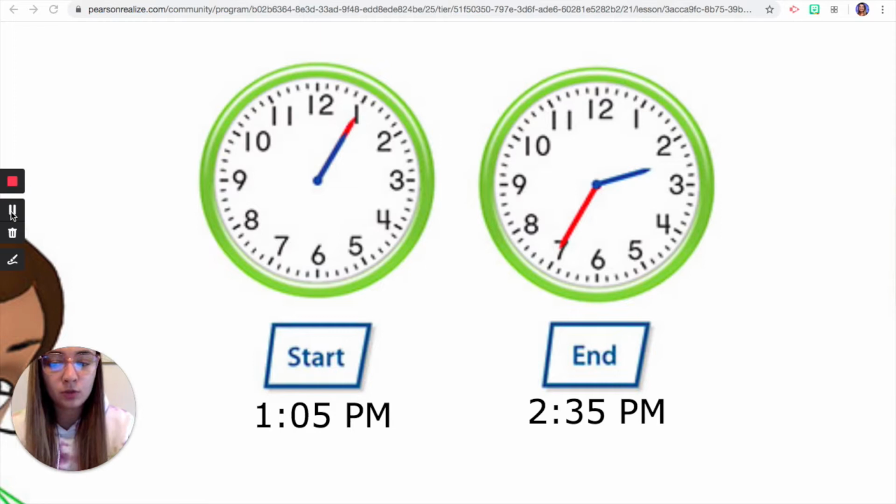All right, so I zoomed you in a little bit so that we can just focus on the clocks. So the first thing that I'm going to do is start at this first clock, and it tells me that it's 1:05 p.m. Then I'm going to look at the next clock, and I see that my hour hand is in the middle, but it's closer to the 2, so I know that the hour is 2 o'clock.